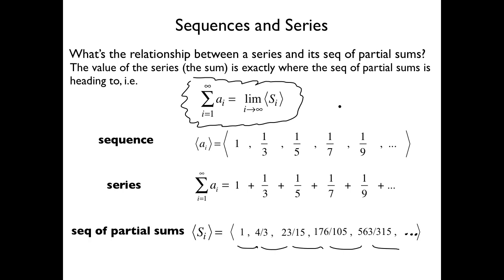The value of the series is equivalent to the limit of the sequence of partial sums. That's right. That's what that says right there. But that should make sense, right? Because you keep adding one more each time. Each time you go to the next term in the sequence of partial sums, you've added one more from the sum. So if you keep doing that, you're going to get the sum, right?